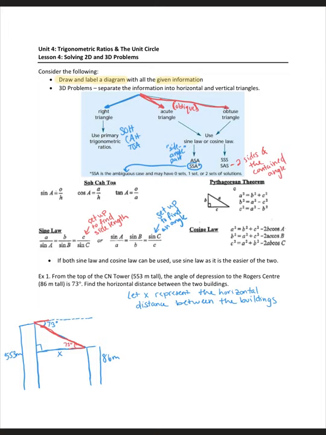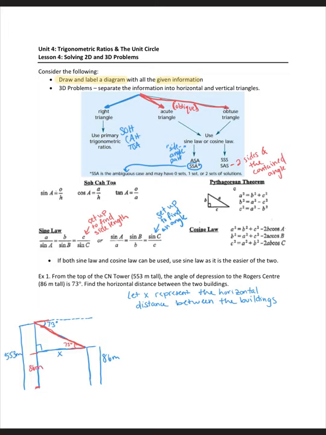All right. We need another side length in order to be able to work with this, but we have some information about our buildings. We know that the Rogers Center is 86 meters tall. So we could say that from here to here, that's going to be 86 meters.